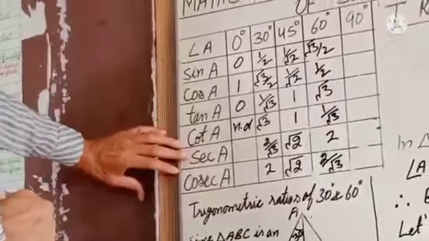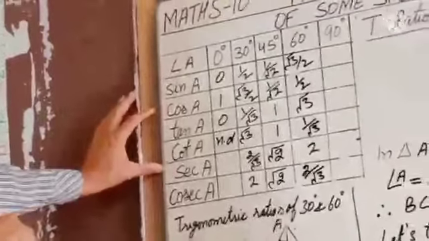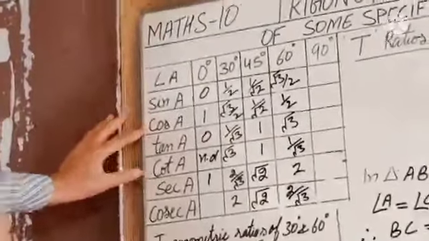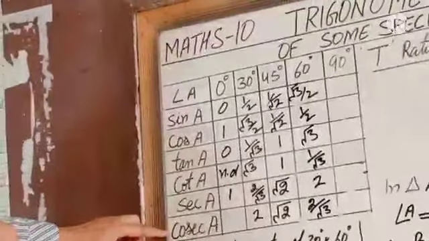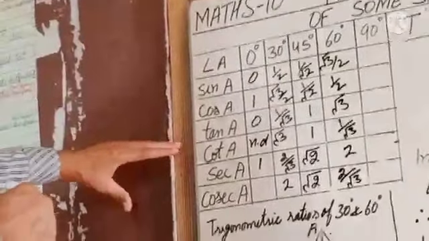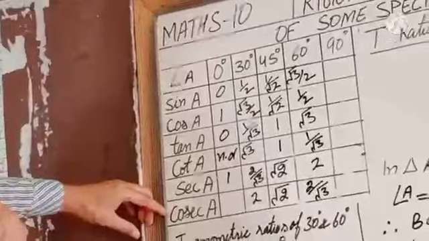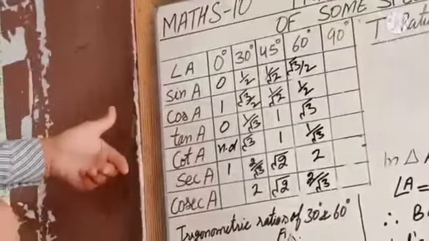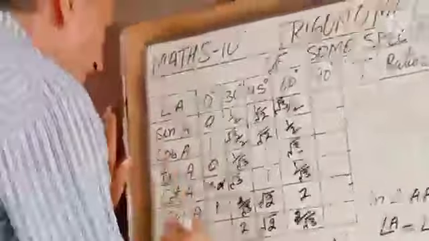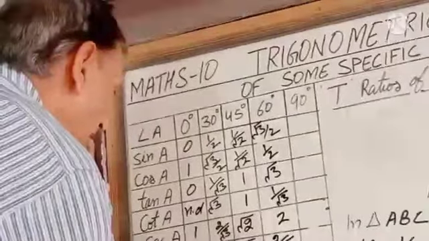Similarly, sec is the inverse of cos, so again it comes out to be 1. But when we talk about cosec, it is 1 upon 0. When you divide something by 0, it is not defined.